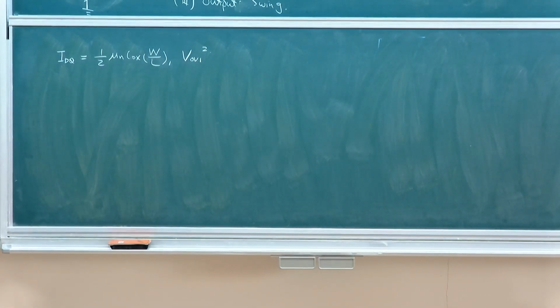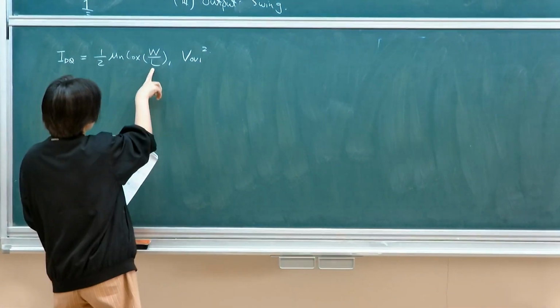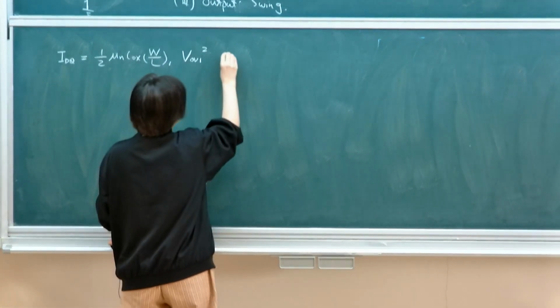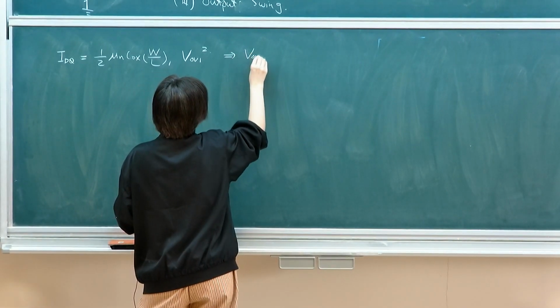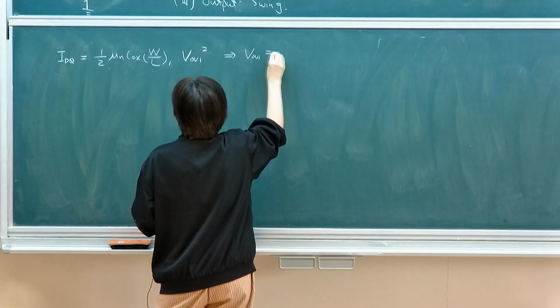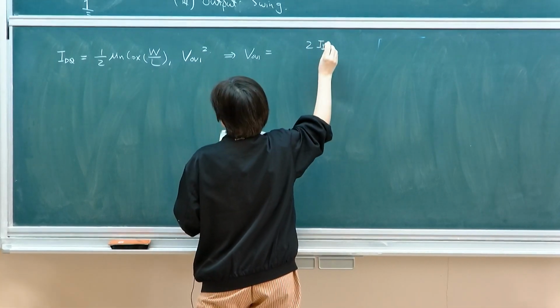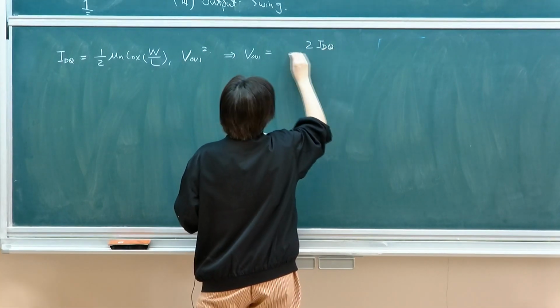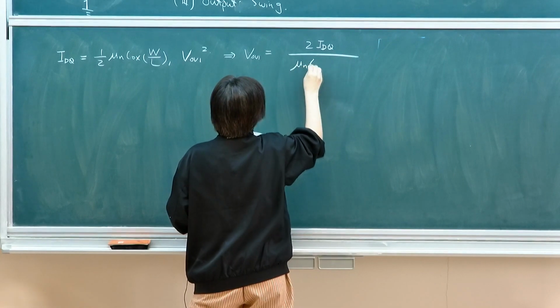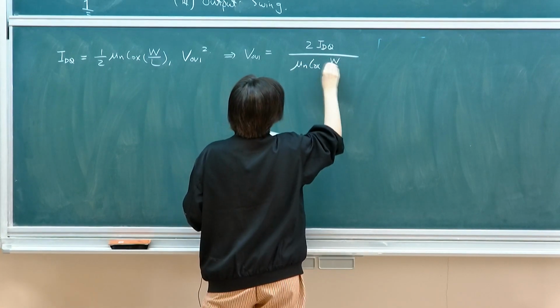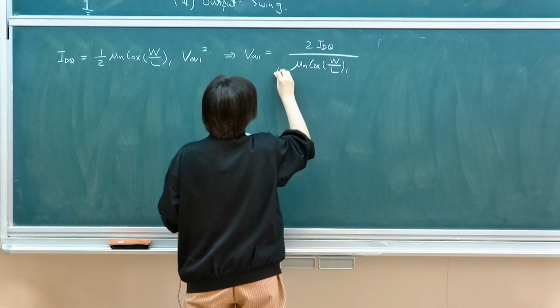Through this, we should be able to get our overdrive for each of the biases. You simply insert the numbers, and VOV1 will be the square root of 2IDQ divided by mu n Cox W over L1.